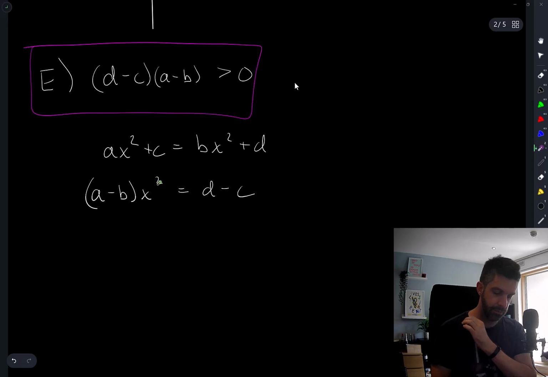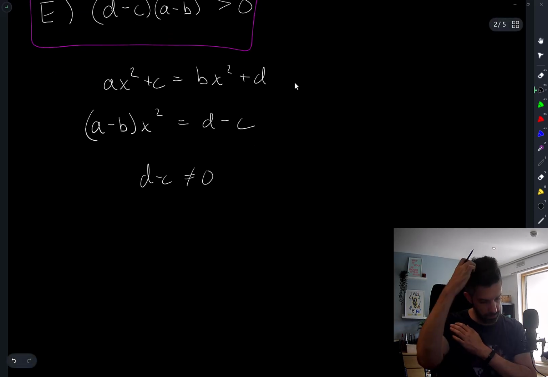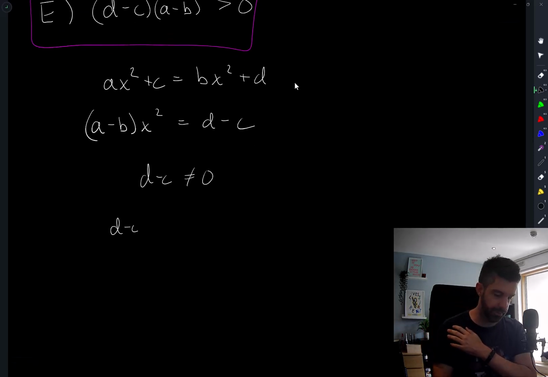And in either case, there's either one solution, x equals 0, or there are infinite solutions. Okay, so we know that d minus c cannot be equal to 0. So let's suppose it's positive, d minus c greater than 0.